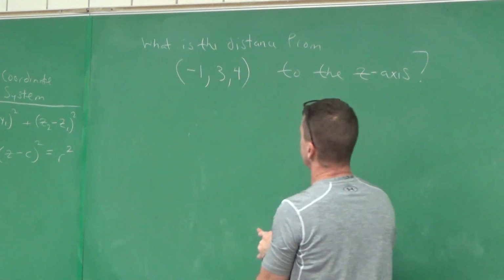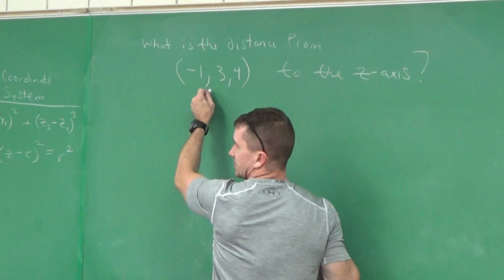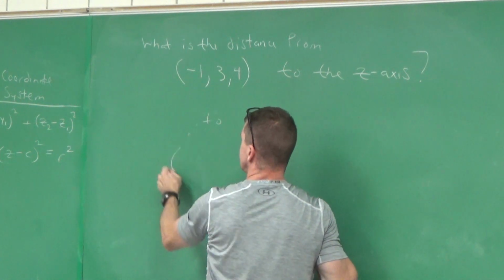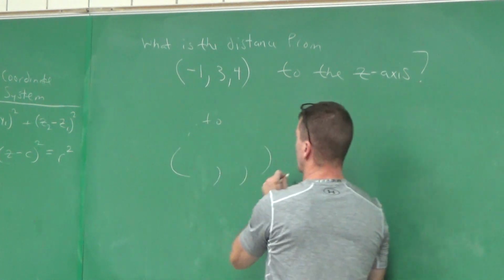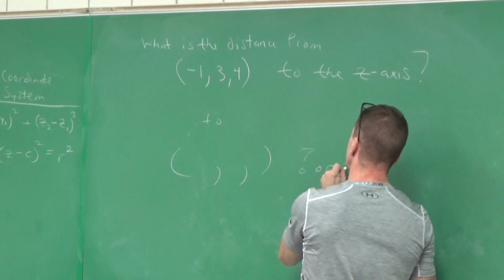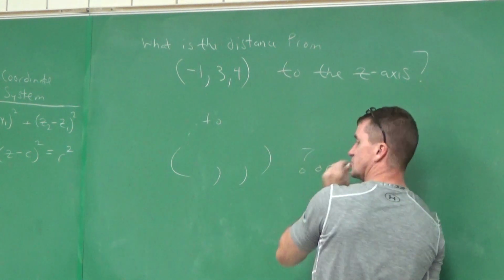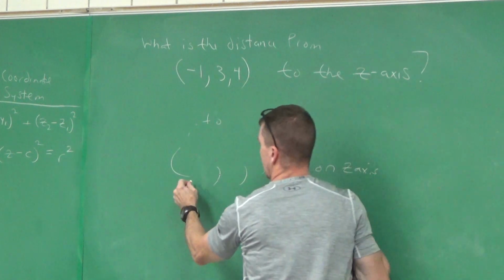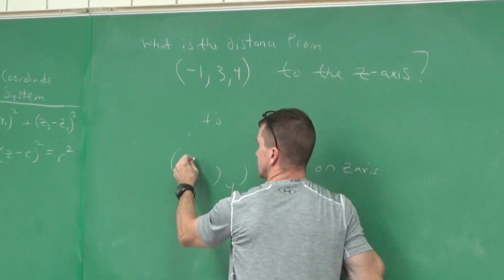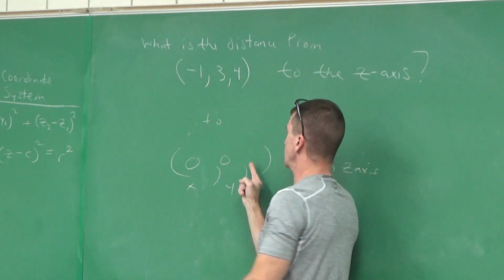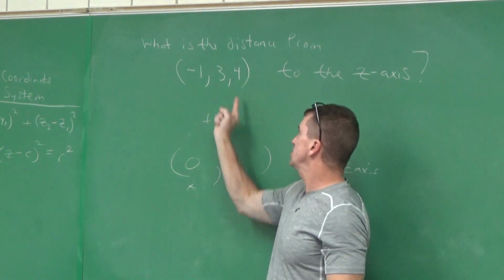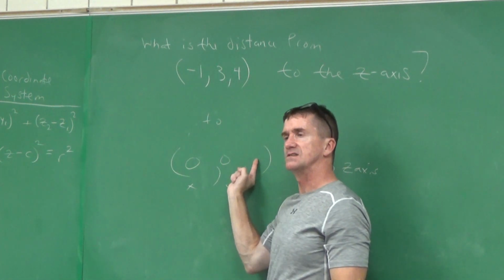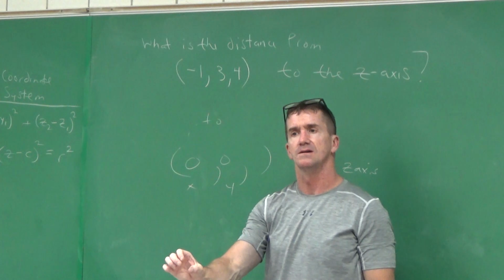So how do I find the distance from this point to the other point on the z-axis? We'll do a straight line distance. If it's to the z-axis, x and y both have to be 0. For z, I want you to use the same number, because that will give you the shortest distance.